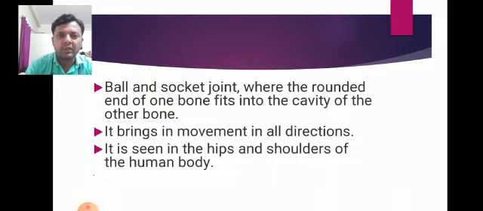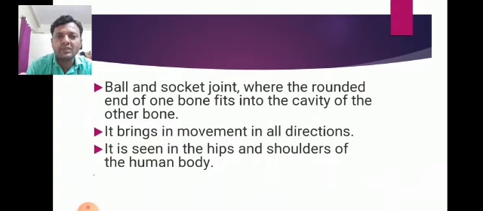Let's see what the ball and socket joint is. In a ball and socket joint, the rounded end of one bone fits into the cavity of the other bone. As I told you, it is like a ball and socket structure. That's why the joint is named the ball and socket joint.